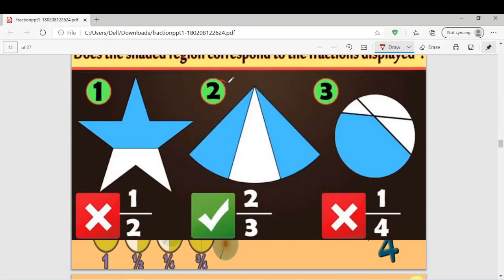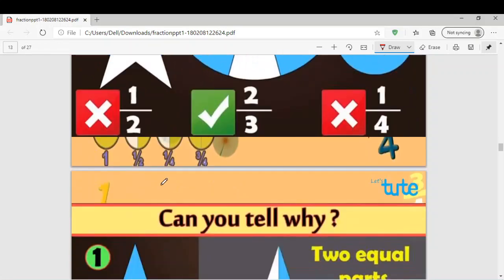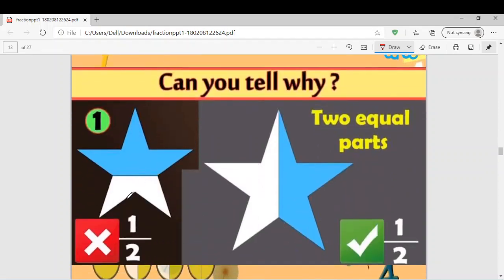Only the second option will be correct, because our condition is that the parts must be equally divided. Whatever our figure is, it must be divided completely equally. See, the first figure was not equal and this one is equal.